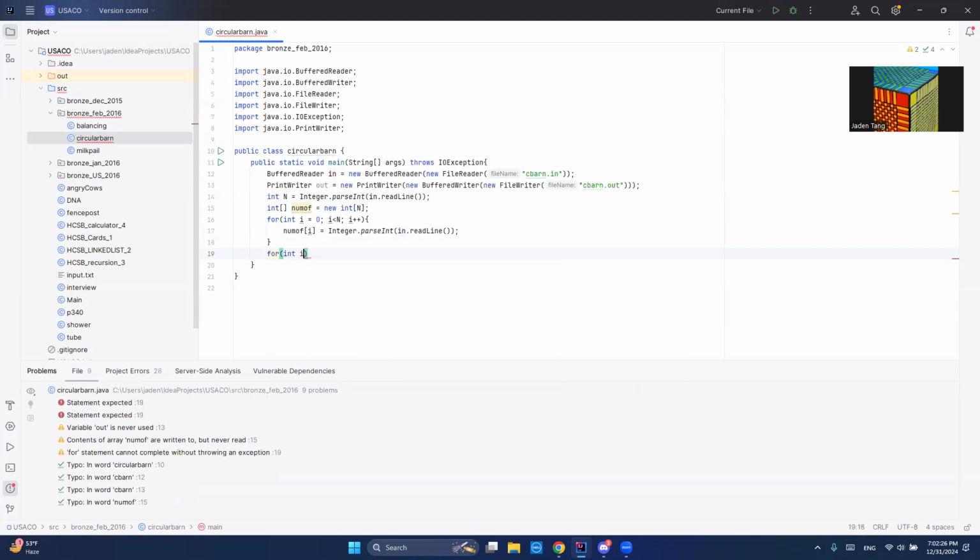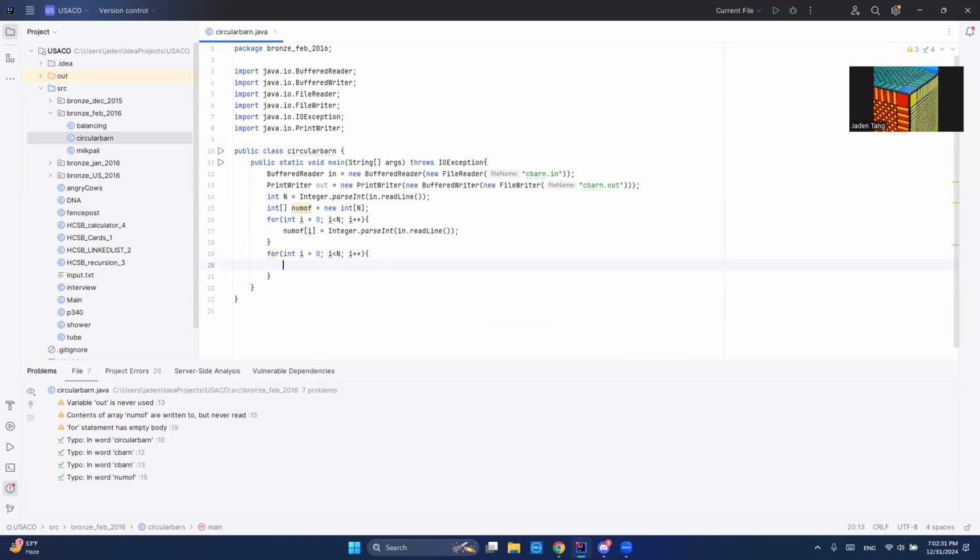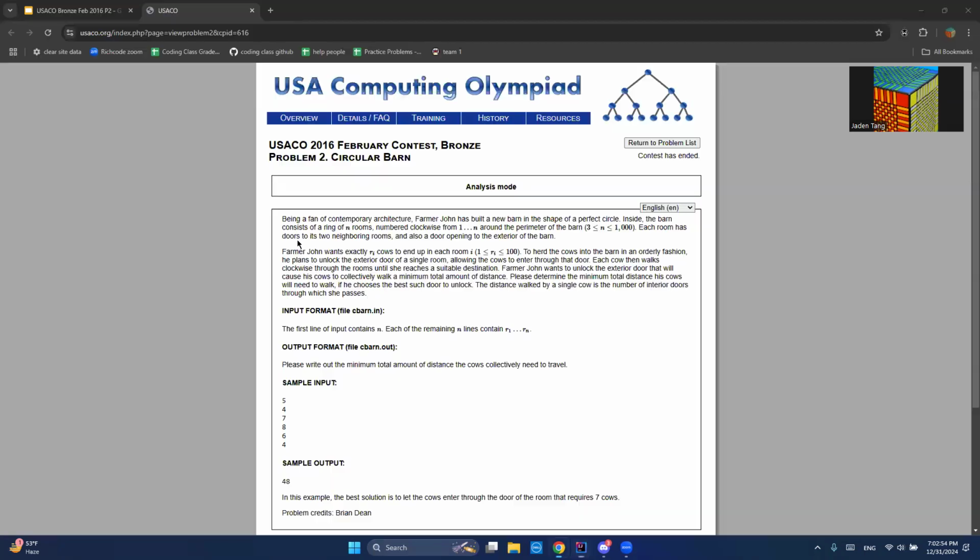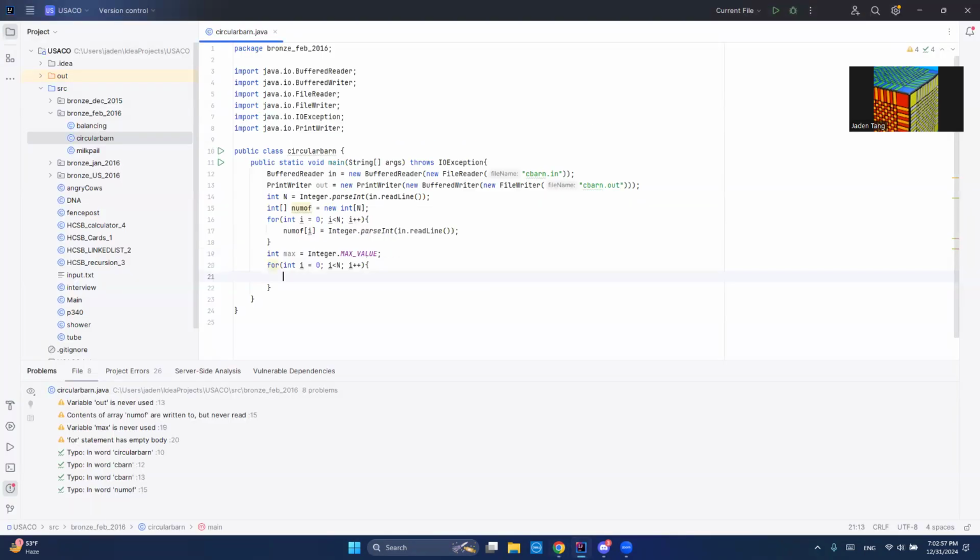So we can do that. We currently have max as the integer max value. By doing that, we can guarantee that max on the first run will always be greater than whatever, even if each cow has to walk very far, it will still be less than max.